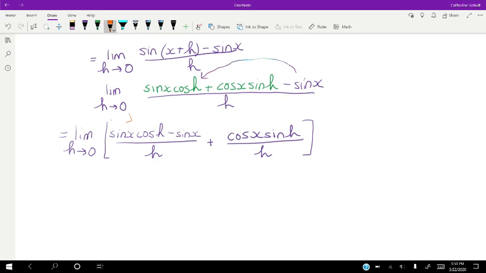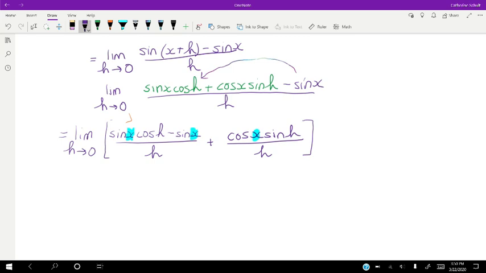So anything that just has an x in it, so sine of x, cosine of x, is not going to be affected as h goes to 0. So if the limit is as h goes to 0, sine of x or cosine of x is behaving as a constant, and we can move it outside the limit. So it's going to look like this, all right?